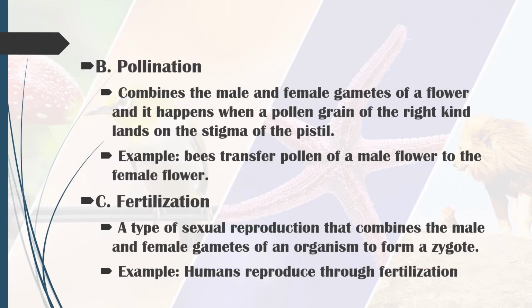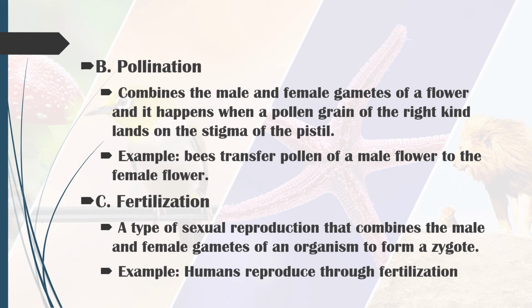Okay. Another one is through pollination. This is very familiar to you because this happens in the plants. It combines the male and the female gametes of a flower, and it happens when a pollen grain of the right kind lands on the stigma of the pistil. For example, bees transfer pollen of a male flower to the female flower.